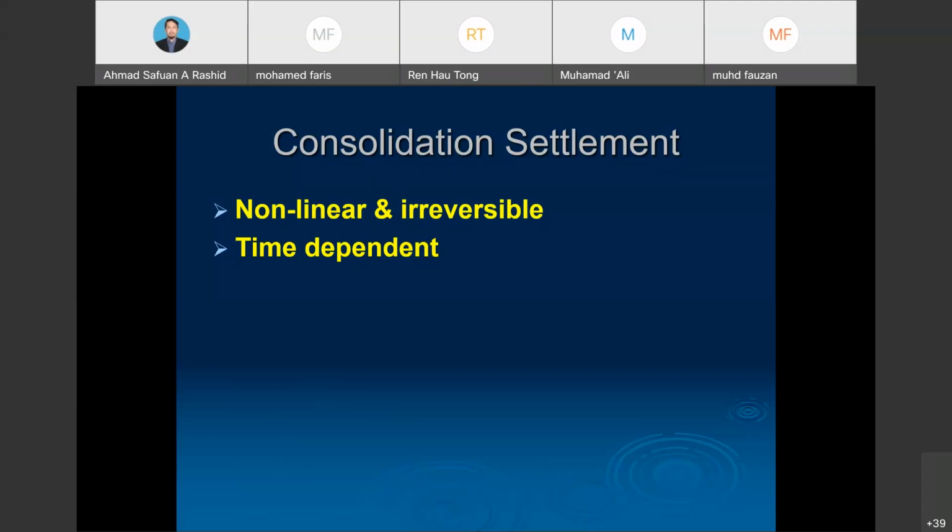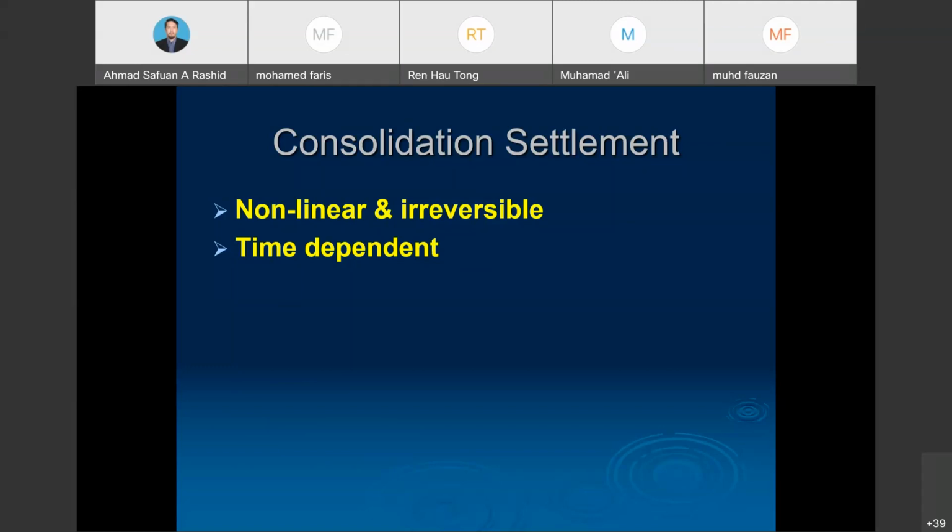The longer the time, the consolidation settlement will reach the full 100% consolidation. So we need to know how long the process will be completed.